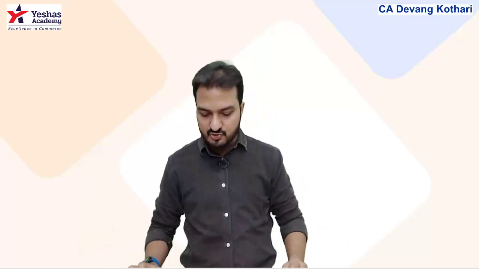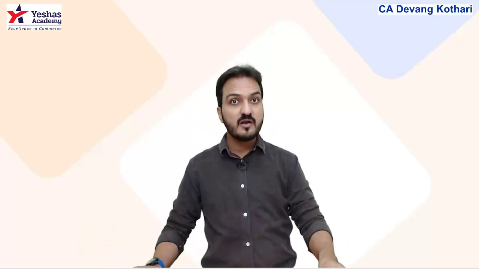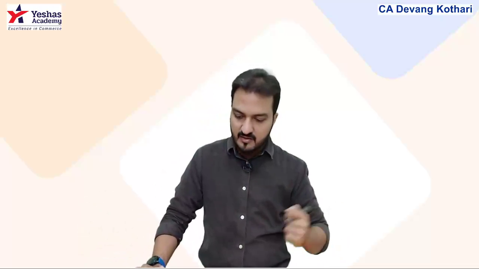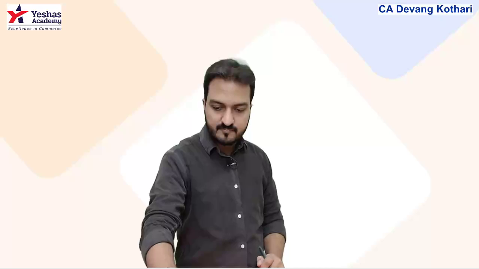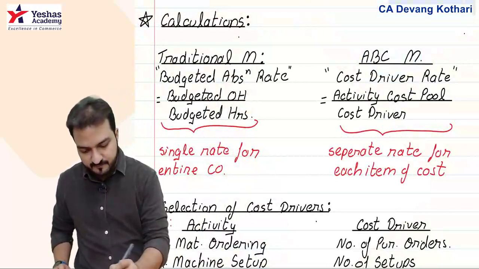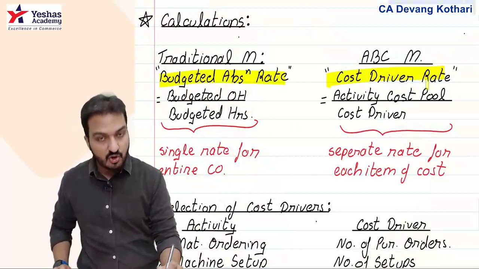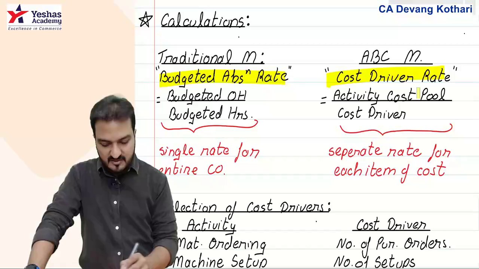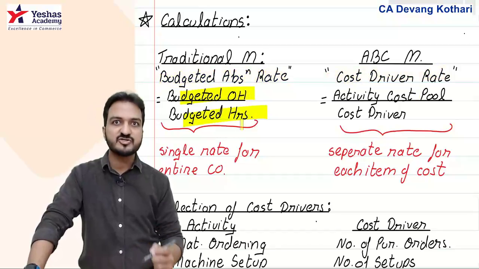In the traditional absorption costing method, you calculated the rate by taking budgeted overheads divided by budgeted base. Now under the activity based costing method, that rate is called the cost driver rate, but the calculation is similar. It is still budgeted overheads divided by budgeted base.